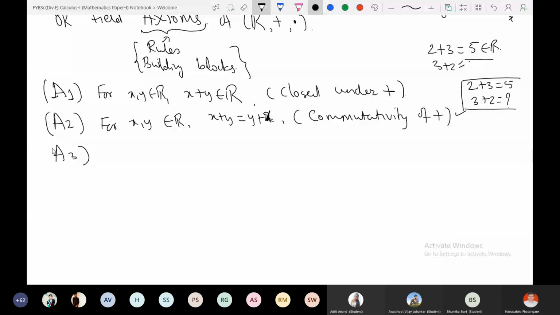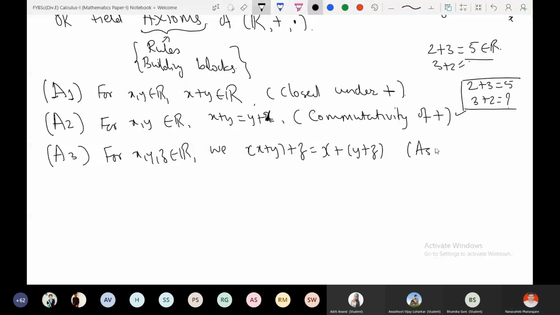A3. You choose any three real numbers x, y, z, we have (x plus y) plus z is same as x plus (y plus z), associativity. Right, so this property or axiom is called associativity of addition.